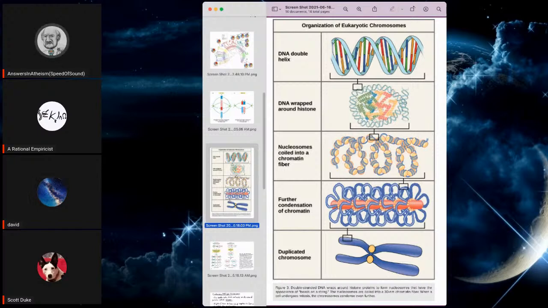Then when the cell divides, they further condense into these hyperstructures and eventually end up as that little X at the bottom, ready for mitosis and division. So that's mitosis. Then there is meiosis, which we should probably save for another day, because that's where recombination enters the picture.